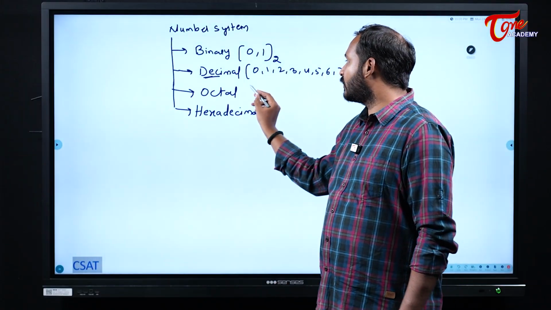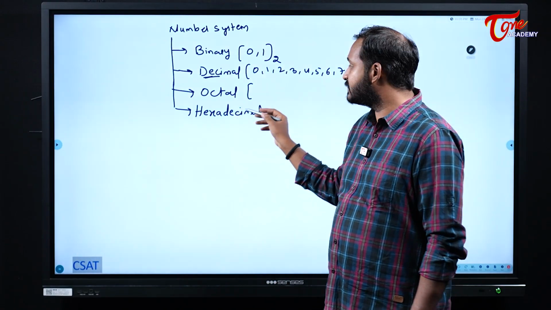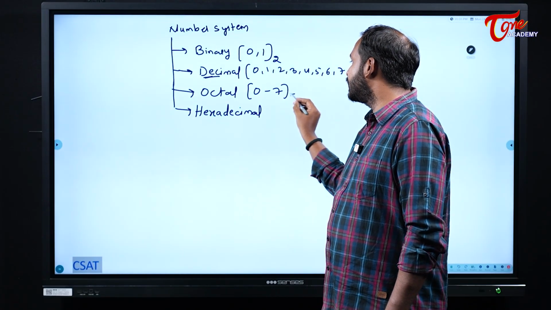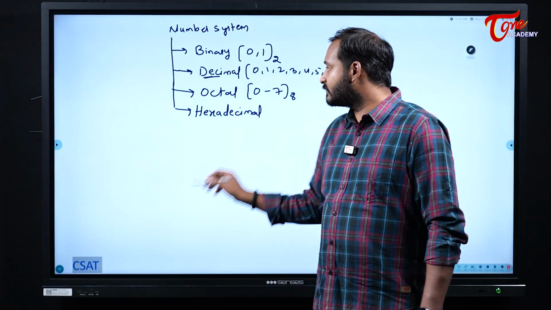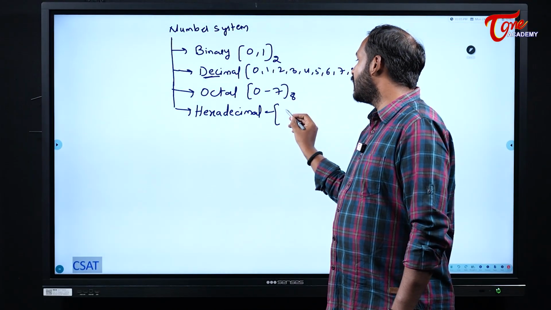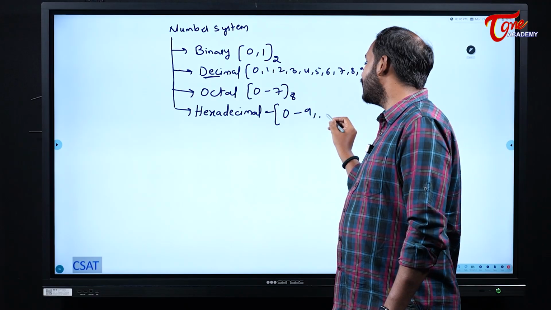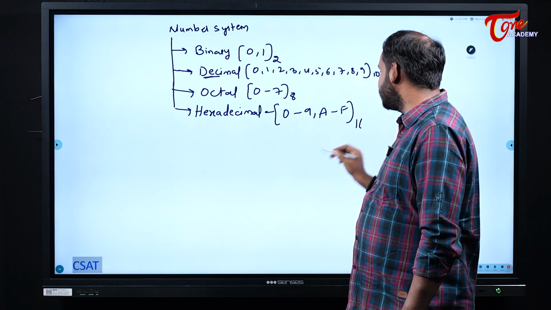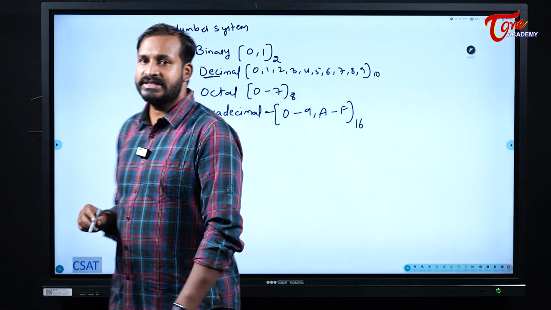The octal system has the digits from 0 to 7 and is indicated with base 8. The hexadecimal system has the digits from 0 to 9 and alphabets from A to F, so overall 16 digits, and it is indicated with base 16.